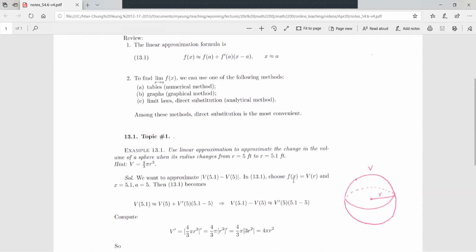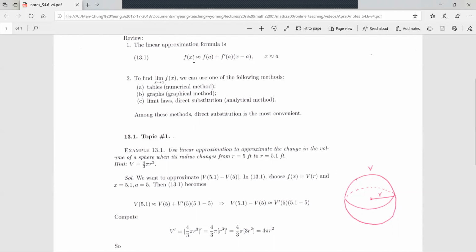Okay, now for the function f, we choose volume. Volume depends on R, so volume is a function of R. So for f, we choose V of R as the function f.